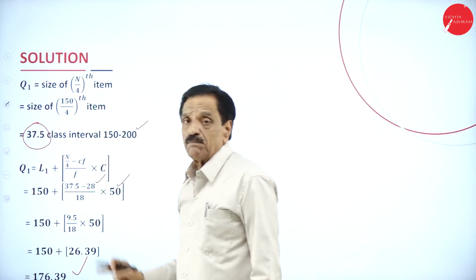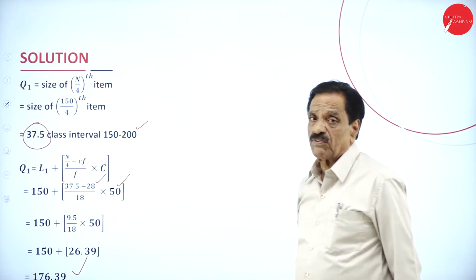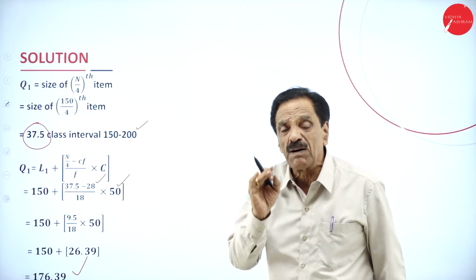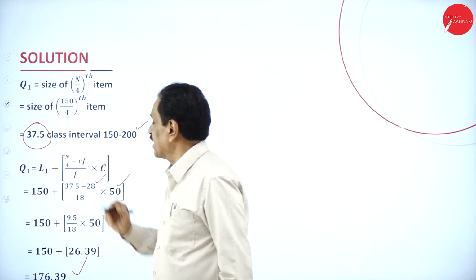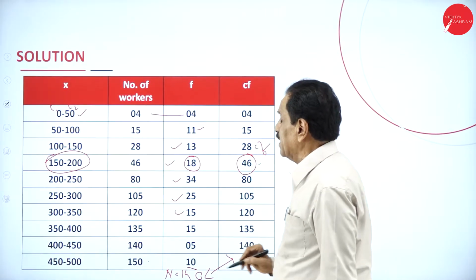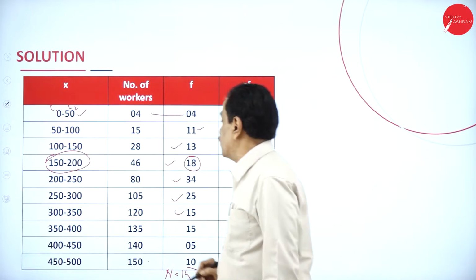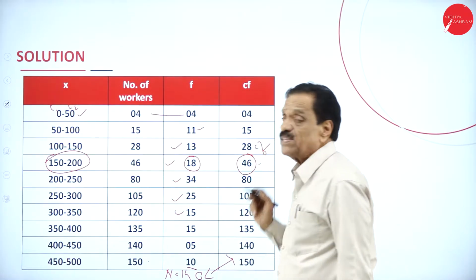Size of n by 4, 150 by 4 is 37.5. Find 37.5 in CF. Then apply the formula. I will show you once again. 37.5 will come, and see, your class is 150 to 200, your frequency is 18, behind is CF.